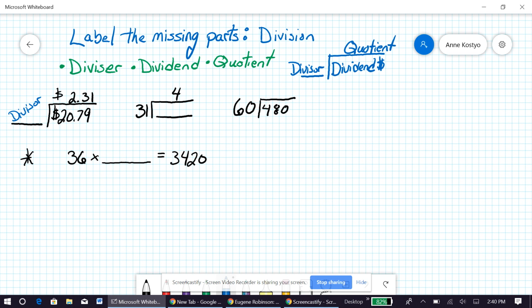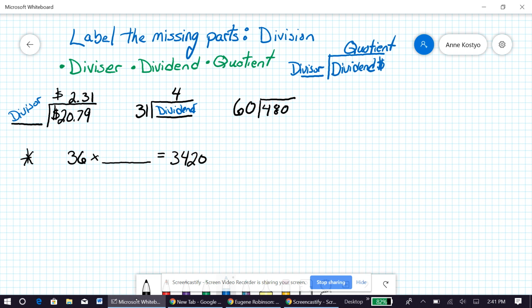And let's look at the second problem, where we have our divisor is 31 and our quotient is 4. What we are missing is our dividend. All right, and now we have our third example where we have 60 going into 480.